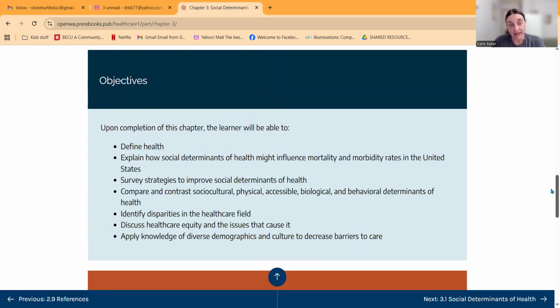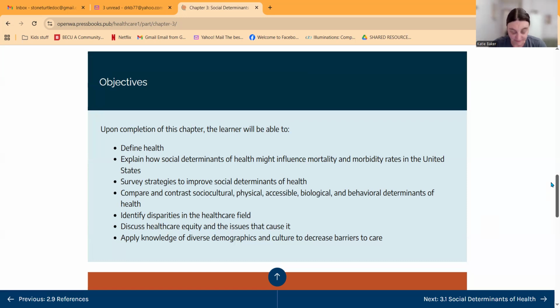One of the things I like about the objectives is I like to incorporate them into any activities that are involving the chapter. And I also like to link them to course learning outcomes or course learning objectives so that students can see how learning this information is going to help them be successful in the class.